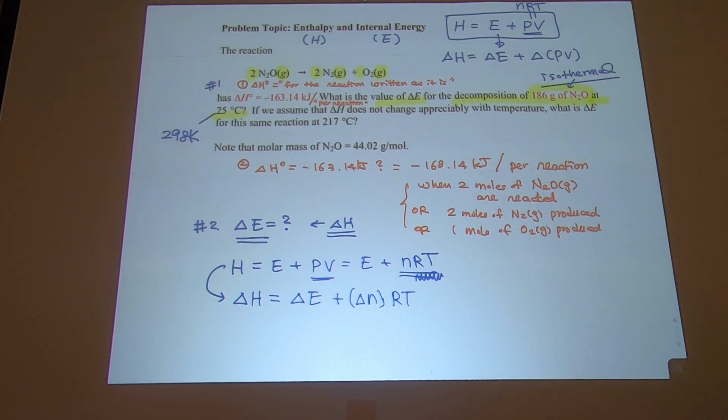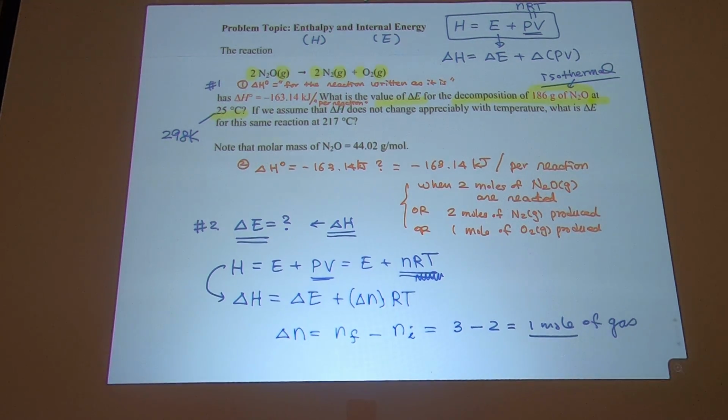It is always final minus initial. It is so obvious, but it's good practice to know. The number of moles final, which is your product side, is 2 plus 1, that's 3. And before, just 2. So there's a change of 1 mole of gas. So this is what it really means.